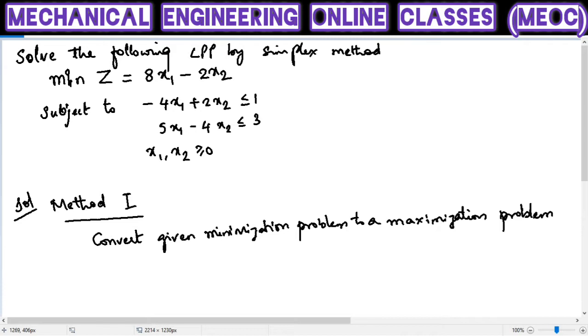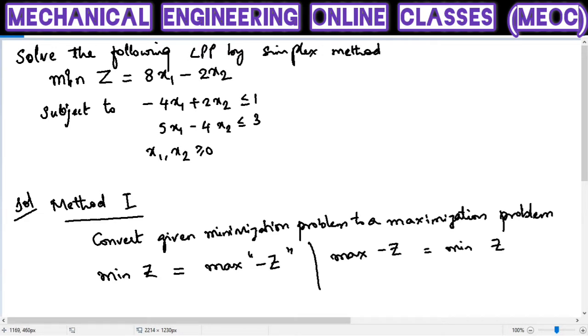For us to understand how to convert it into a max type, you must be knowing that minimize z is nothing but maximizing minus z, or otherwise maximizing minus z is nothing but minimizing z.